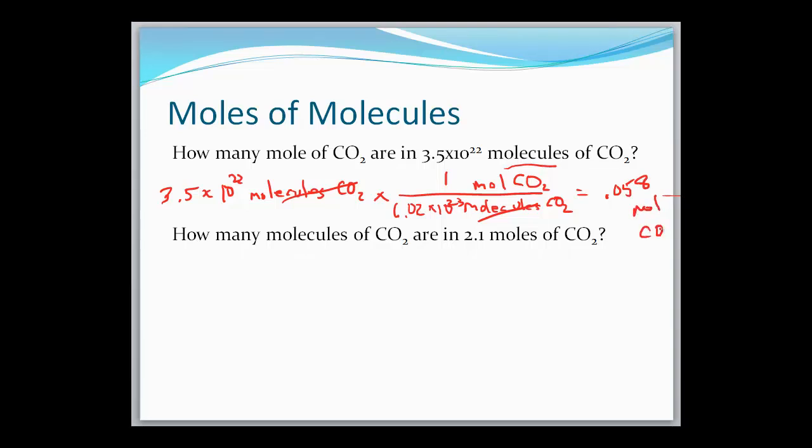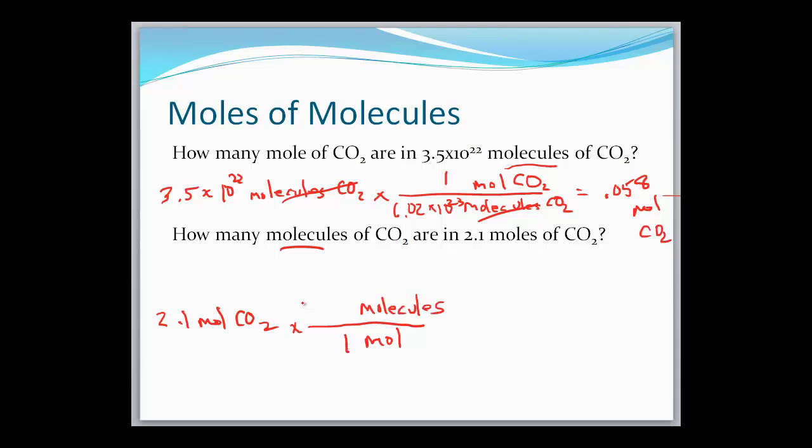moles of CO2. And again, you can go in the other direction. Let's assume you have 2.1 moles of CO2, and now you want to convert that to molecules. Set up your conversion. Moles goes in the denominator. We're converting to molecules.